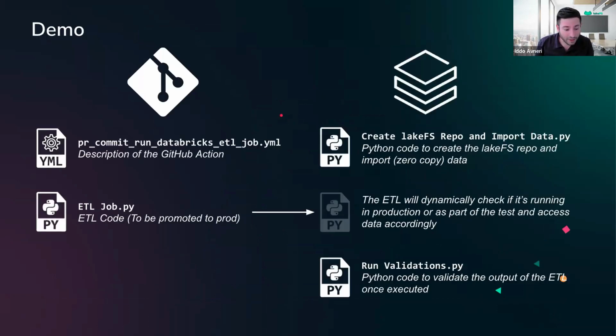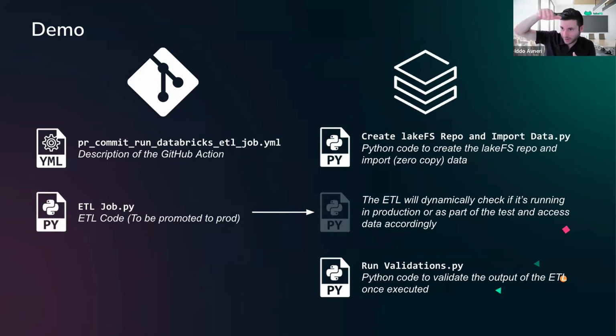So we want to show you this now in action. There are a lot of moving parts here, so we're going to show it to you. Basically, the demo that we're going to show you has two parts besides lakeFS. One is some configuration on Git. On Git, we're going to configure a Git action, and that Git action will do exactly what we mentioned.